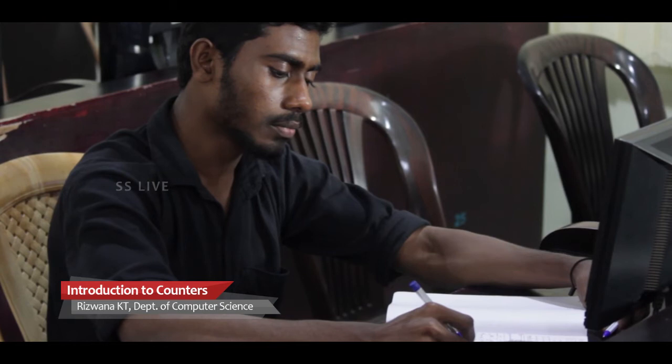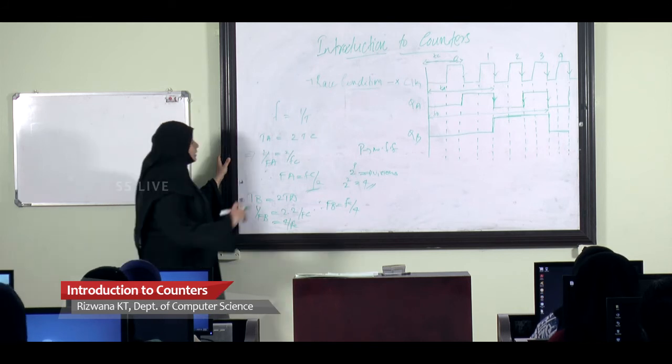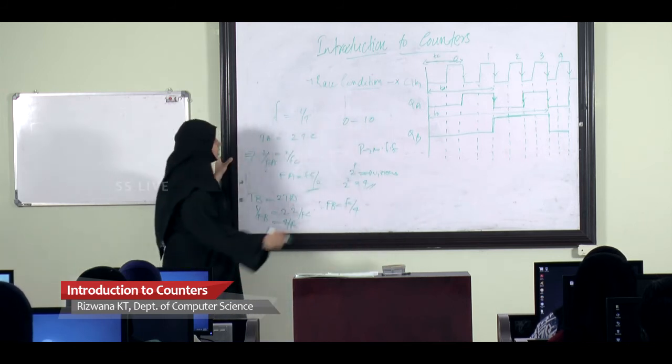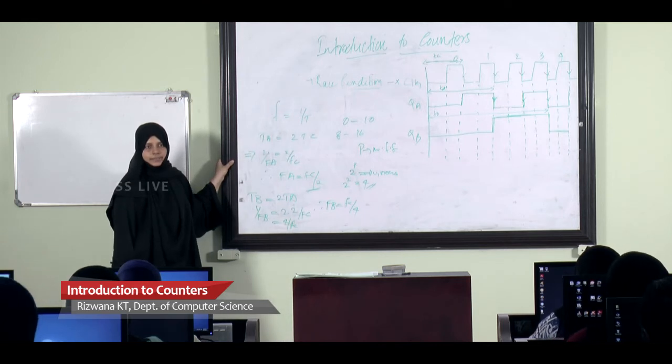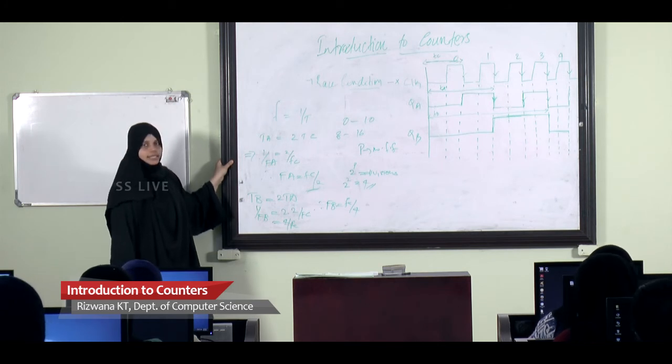And we know the counter circuit is used to count from any starting point to any ending point. For example, you can perform the counting operation from 0 to 10 or from 8 to 16, it is up to the application. And we will see a truth table for this.